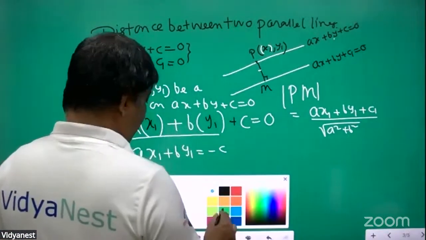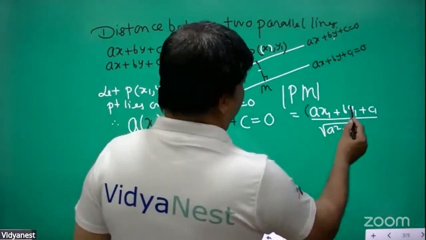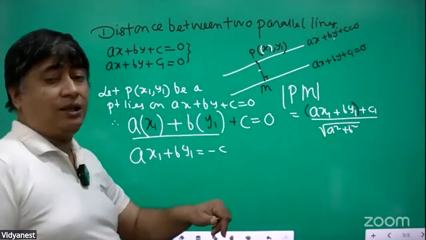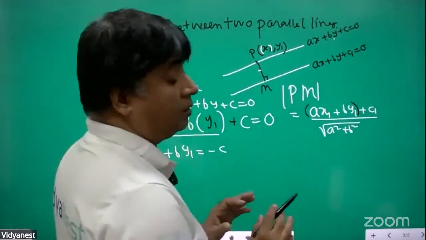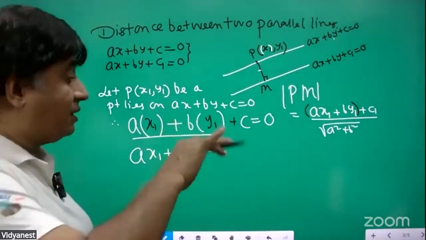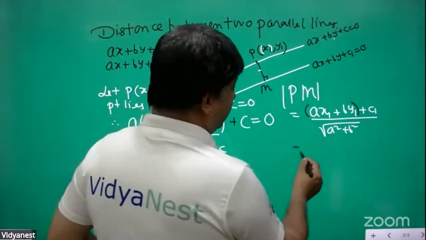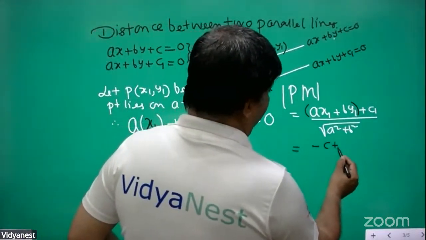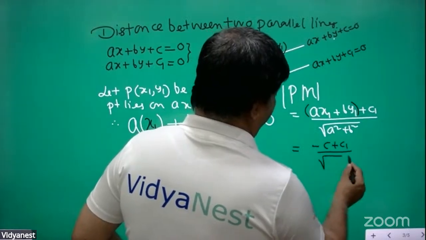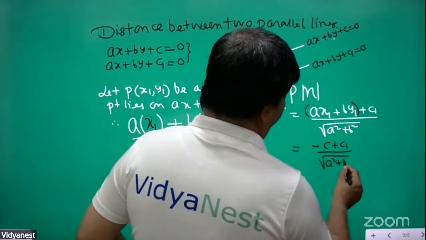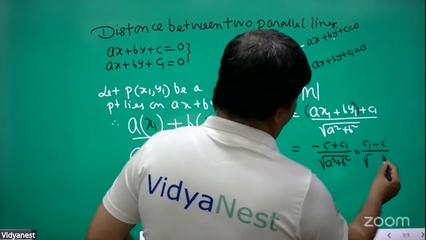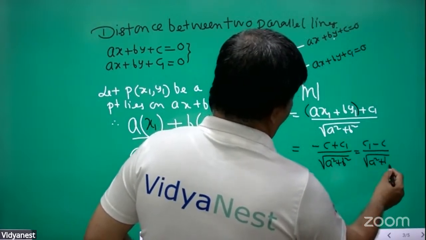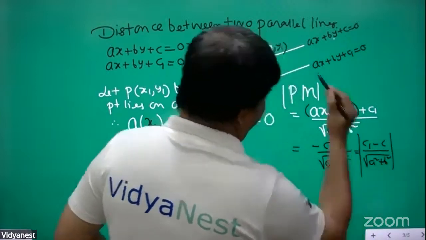So in place of this, if I put that minus c, that will not bring any difference, but make this thing easy. Minus c plus c1 by root over of a square plus b square. So this is the distance between two parallel lines.